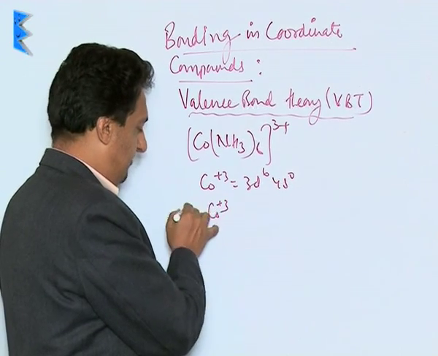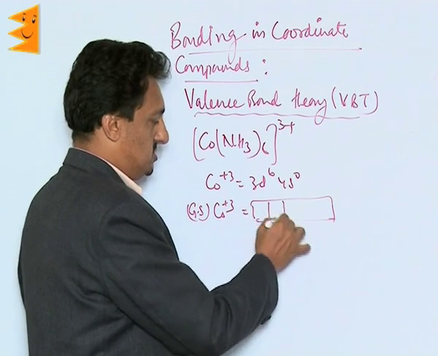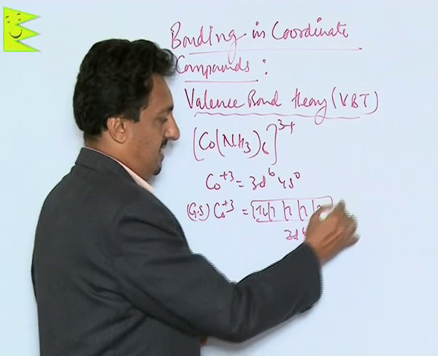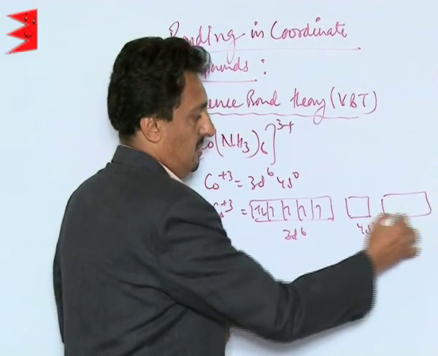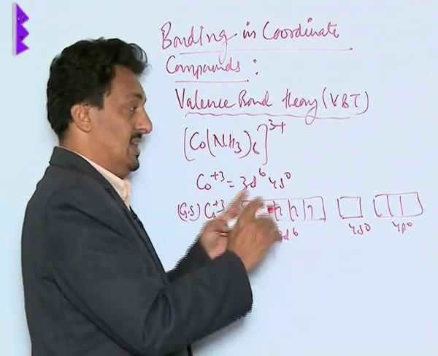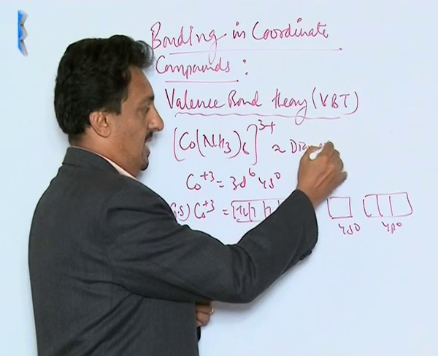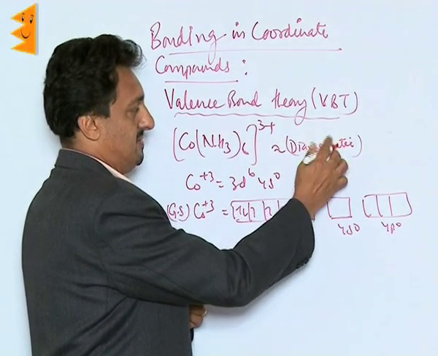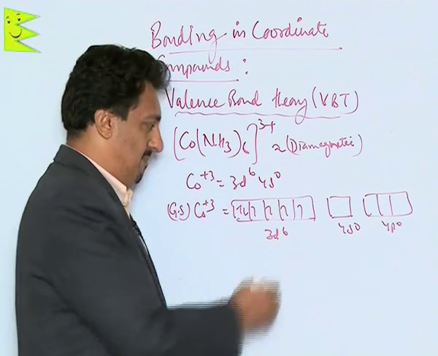So cobalt 3+ in ground state will be like this: 3d6 and 4s0 with no electron in 4p. Since the magnetic moment data says this complex is diamagnetic, it means the pairing of these 4 unpaired electrons is taking place like this.